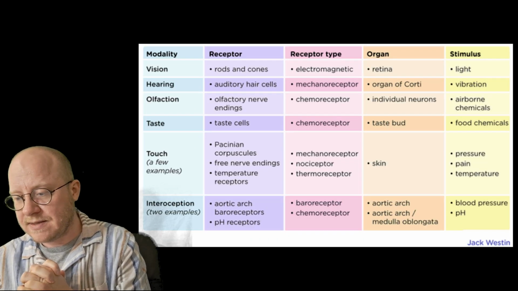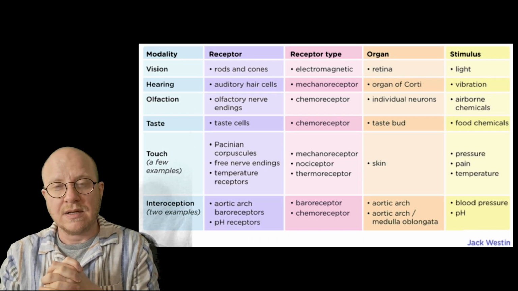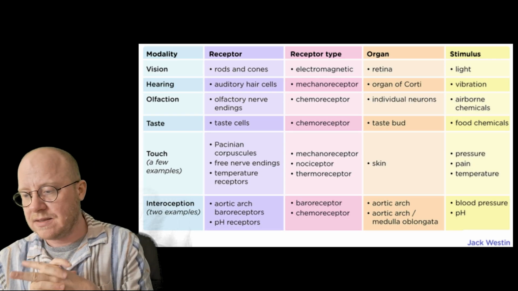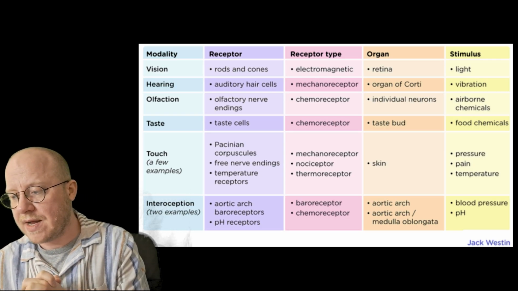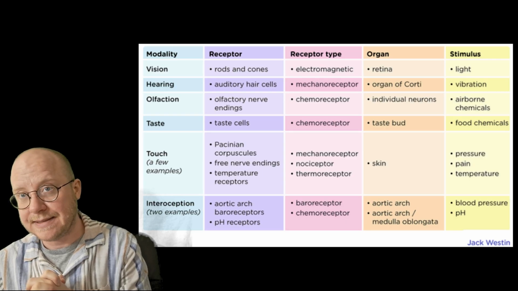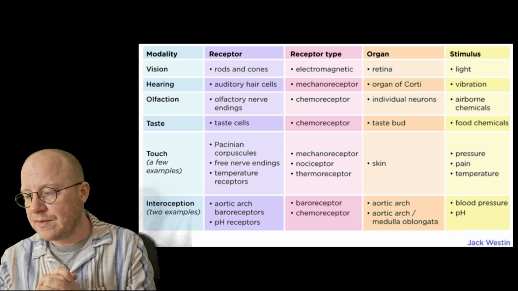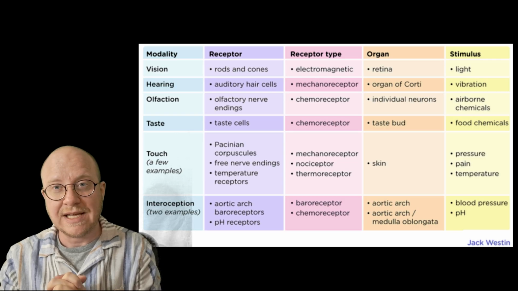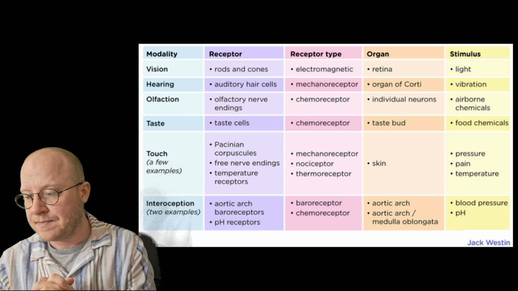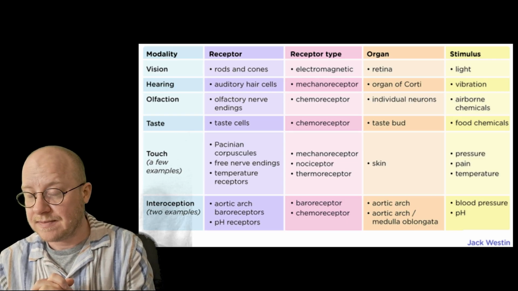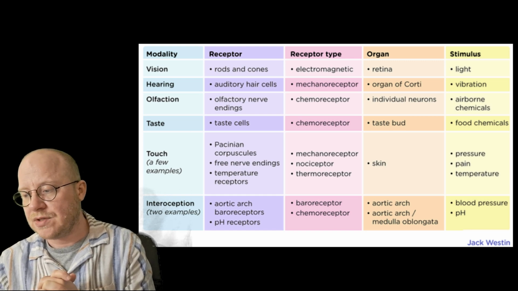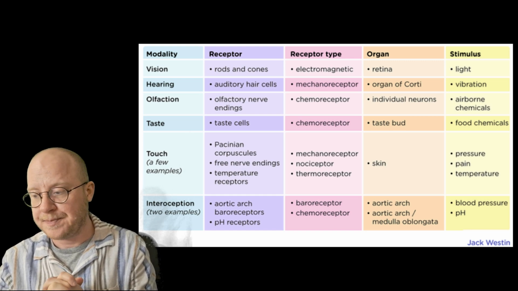The retinal cells of the eyes, so retinal or retina, that has to do with the eyes. The retinal cells of the eyes transduce light. Thermoreceptors in your skin transduce heat or lack of heat. Baroreceptors transduce pressure.